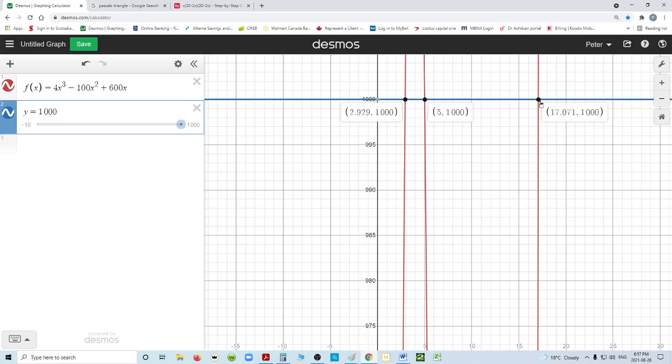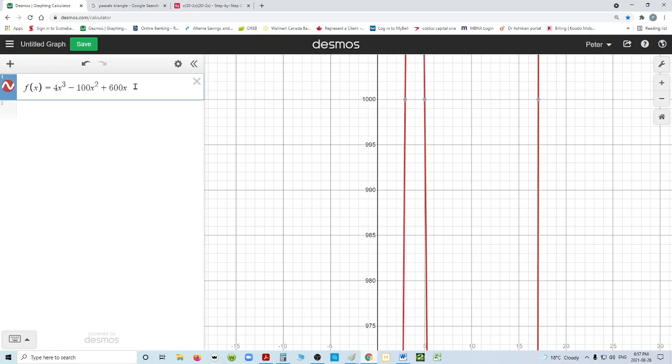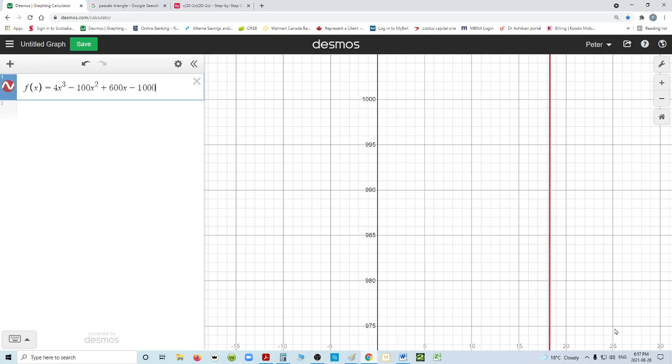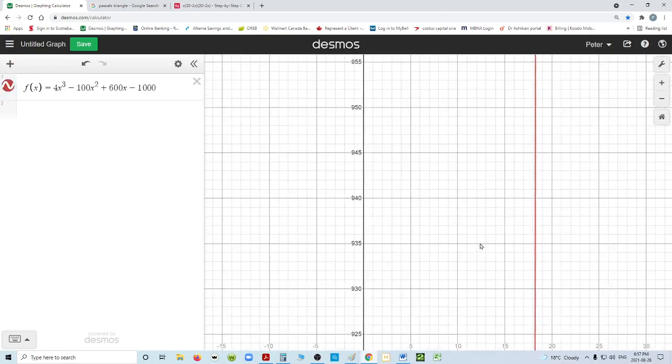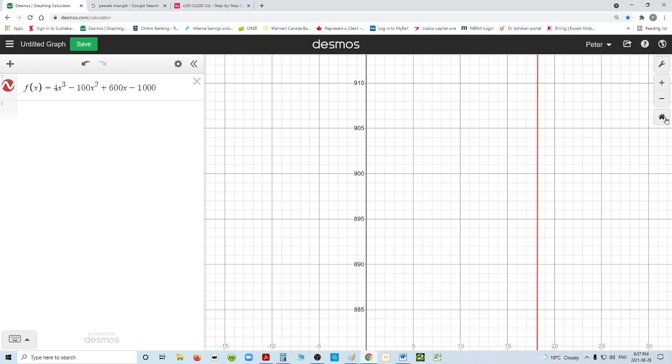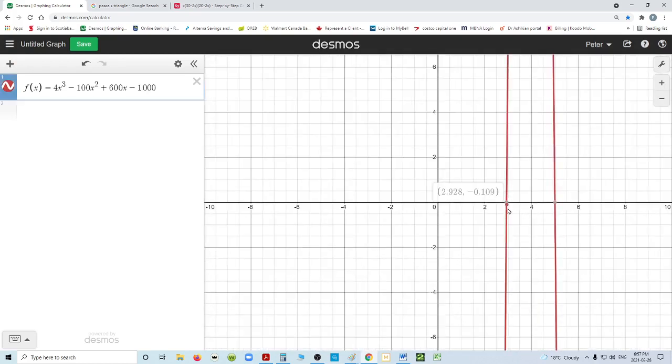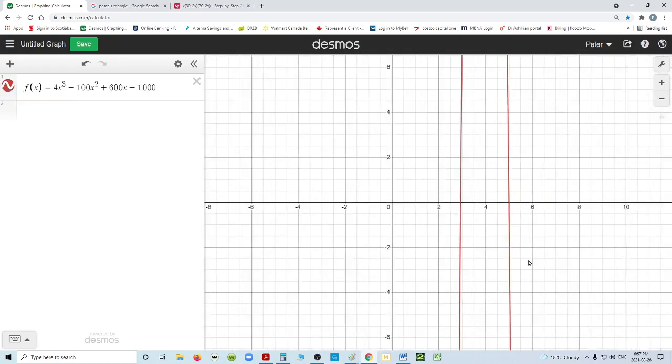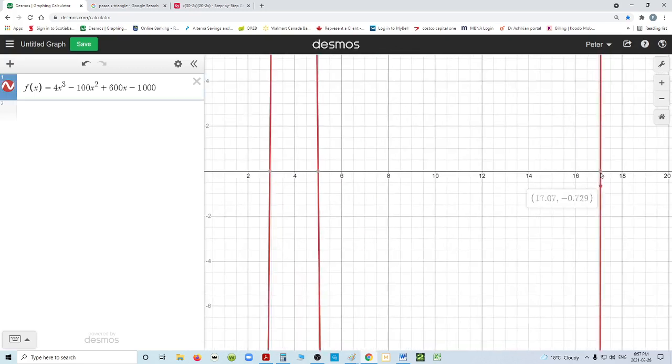To solve this, you would do the expansion here and simply subtract 1,000, and then you would have to factor out this new line to figure out where it crosses the x-axis. Oh, and you know what? Because we know, no, this one's not perfect.